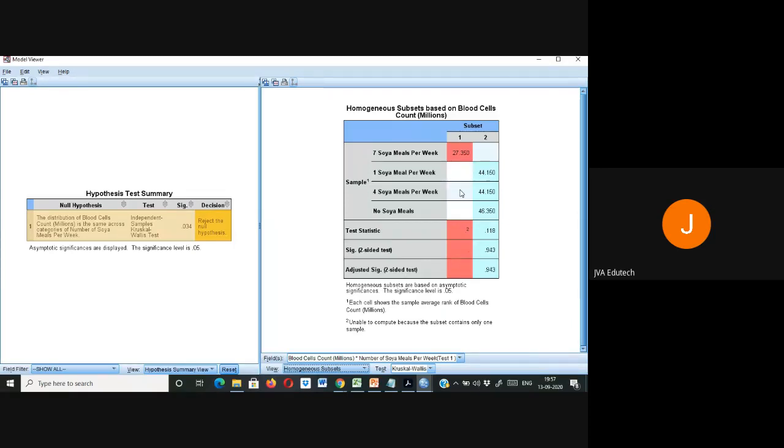Now can you compare this and tell me is there any significant difference coming out of this? Anybody? Only 0 and 7 is showing.